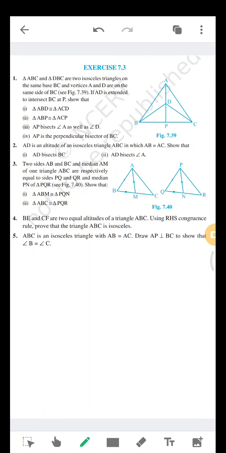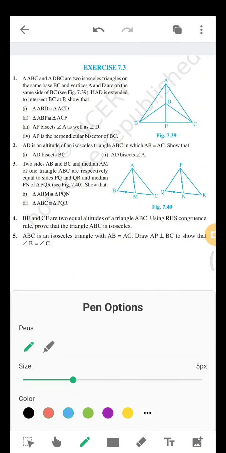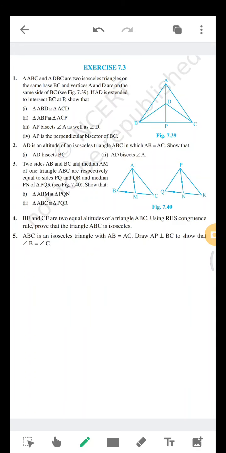In today's session we are going to start a new exercise, that is exercise 7.3. There are 5 questions in this exercise. Exercise 7.4 is deleted from your syllabus, so you can skip this exercise.